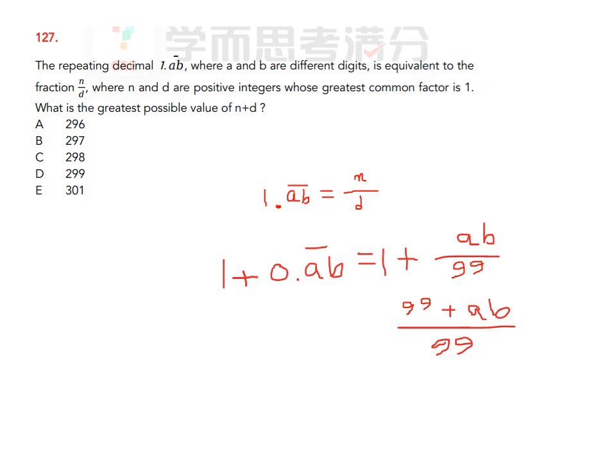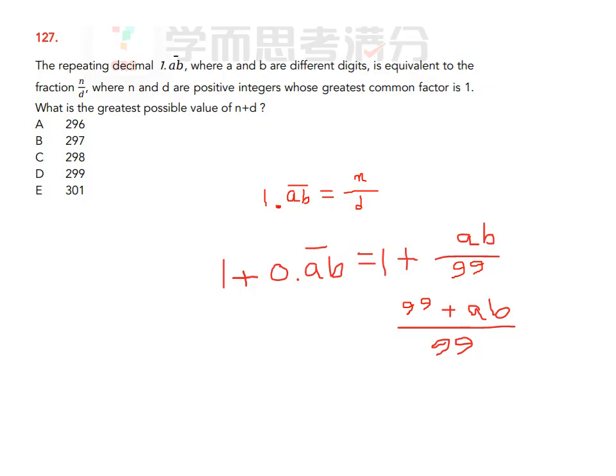So 1 plus 0.ab repeating equals 1 plus ab divided by 99, because we get repeating numbers if our denominator is 99 or 999, etc. As there are 2 digits after the decimal, we use 99.